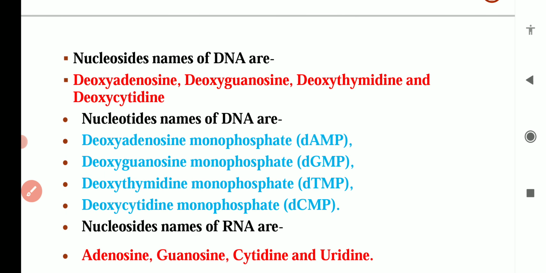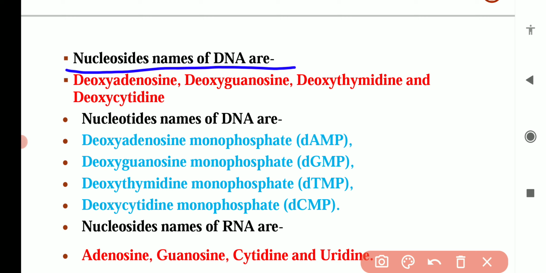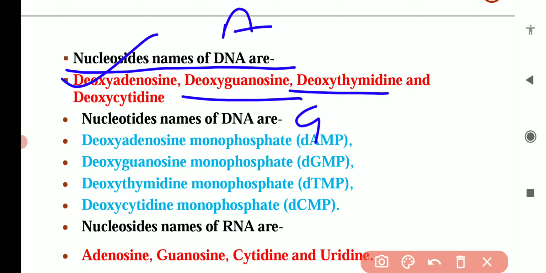So the detailed naming will be, nucleoside names of DNA: deoxyadenosine if adenine is present, deoxyguanosine if guanine is present, deoxythymidine if thymine is present, and deoxycytidine if cytosine is present.